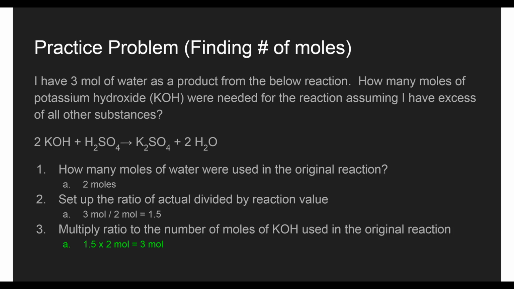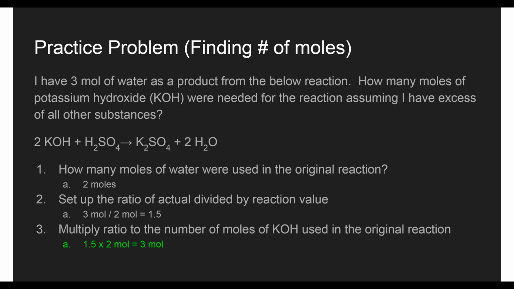And now if we logic check this, we think, okay, does this make sense? Well, we originally needed 2 moles of water in this reaction. We used 3. Assuming that this was the smallest quantity, that's what we got, so we know we can't have more of anything else, right? So assuming that, at a minimum, we needed to use 3 moles of potassium hydroxide to get to that point.